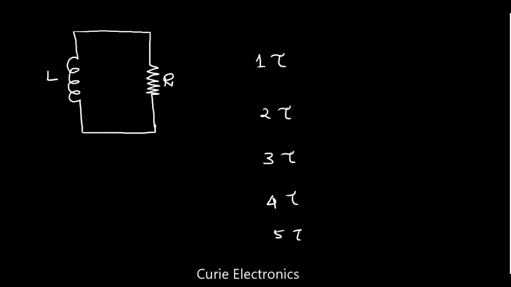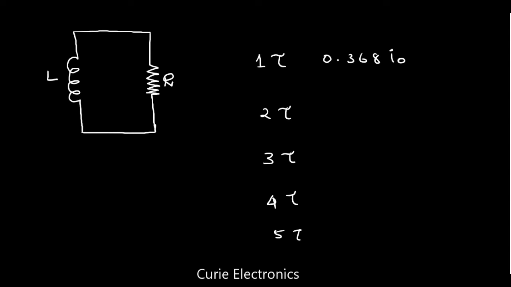Now what happens? With 1 time period, the current in the circuit reduces to 0.368 times the maximum current. What is the maximum current? I naught.